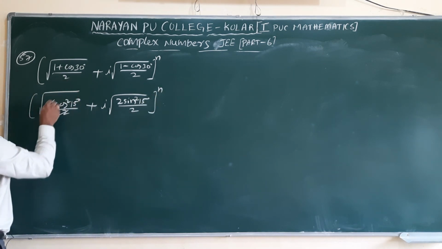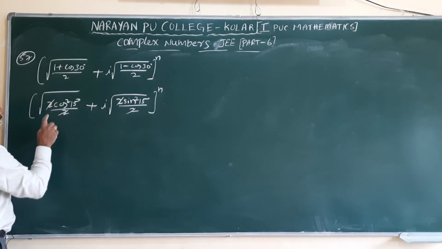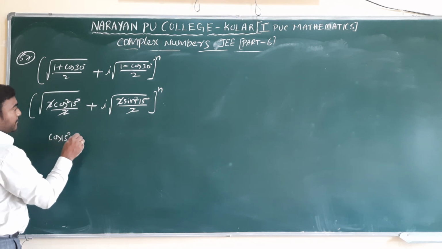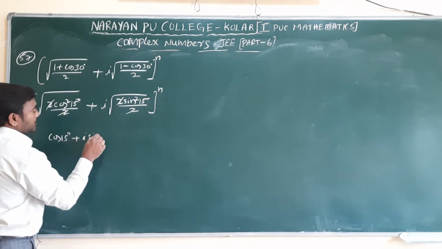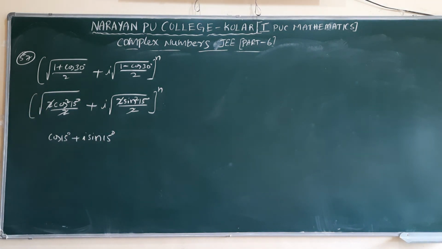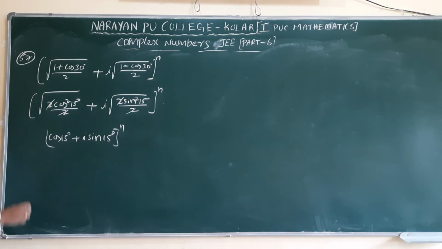Here 2 gets cancelled, here also 2 gets cancelled. So remaining cos 15 degrees plus i sin 15 degrees, now whole power n. Now how do we know the value of it? So we can apply it.